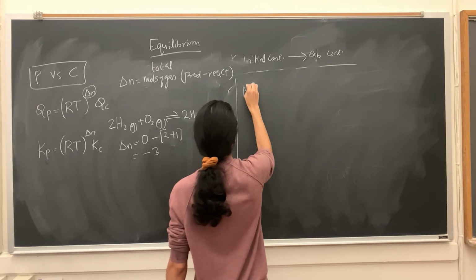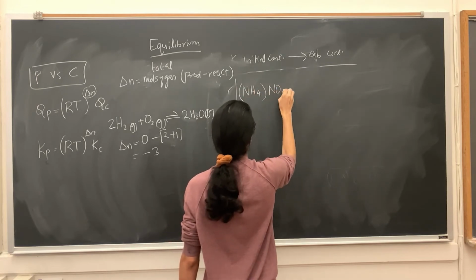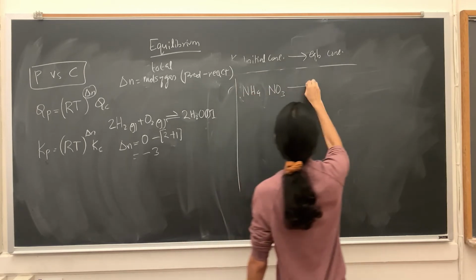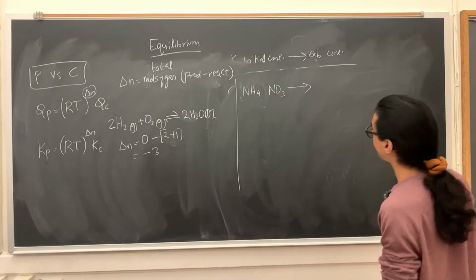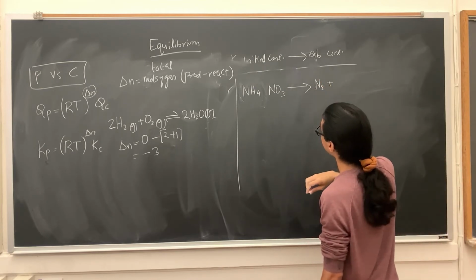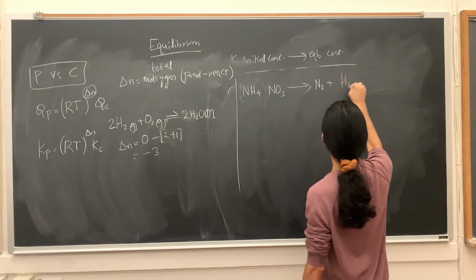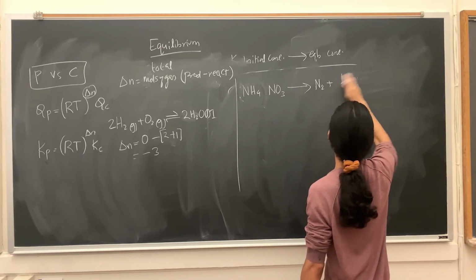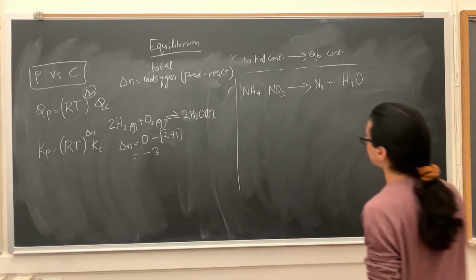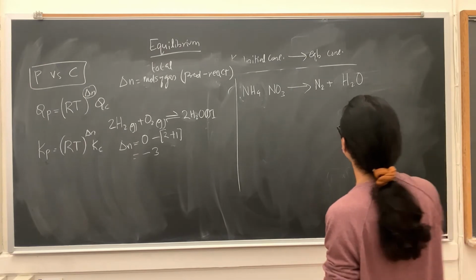Ammonium nitrate. Don't need the parentheses. Ammonium nitrate, if you make it explode, becomes, I think, nitrogen. Let's just pretend that you get nitrogen, hydrogen, and no, you get nitrogen and water. Let's balance this real quick. Nitrogen is fine. Hydrogen is not fine.